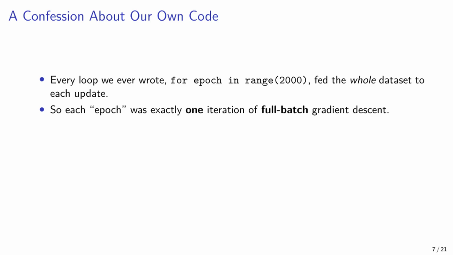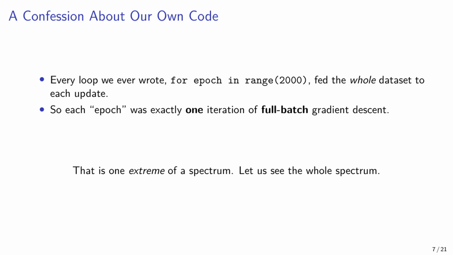So each thing we called an epoch was exactly one iteration of full batch gradient descent. One update per pass. And that is just one extreme of a spectrum. Let us see the whole spectrum.